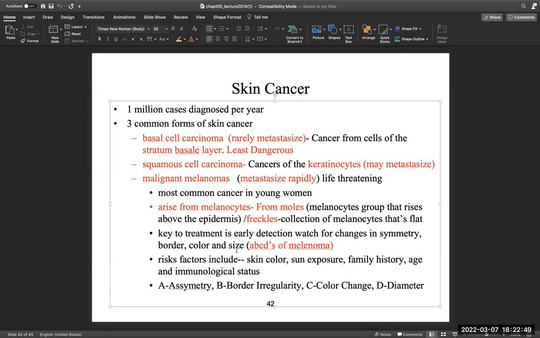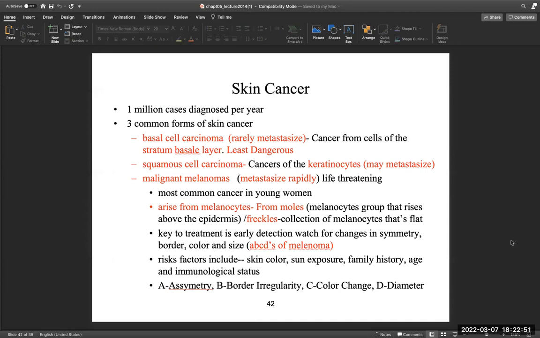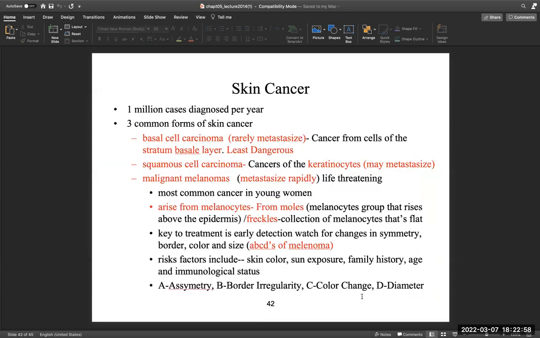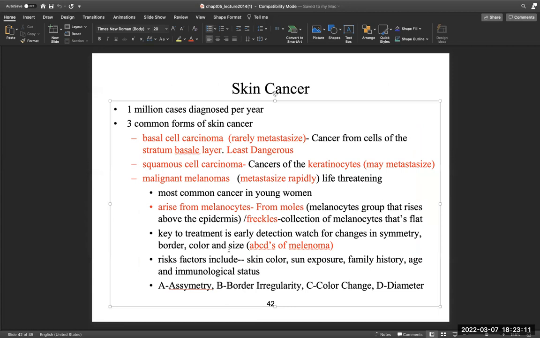Now, we do have the ABCDs of malignant melanomas. The ABCDs include A for asymmetry or symmetry, B for border, C for color, and D for diameter, which is going to be the size.